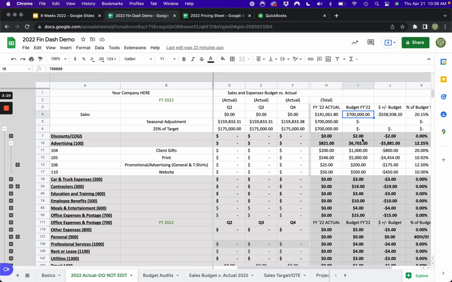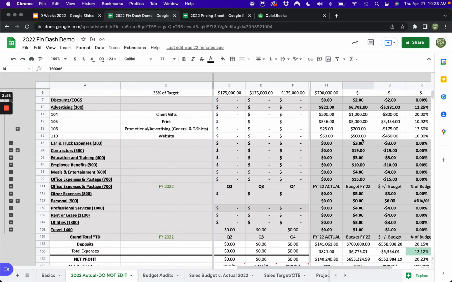I would recommend starting at 25% net profit margin. Obviously, the more the better, but 25% is a good, healthy amount, and it's very, very hard to go broke locking in a profit. So 25% as your first goal, which means that if I want to make 25% on $700,000, I can spend no more than $525,000 in a given year, right? That leaves me with 175 left over. That's my 25% net profit.